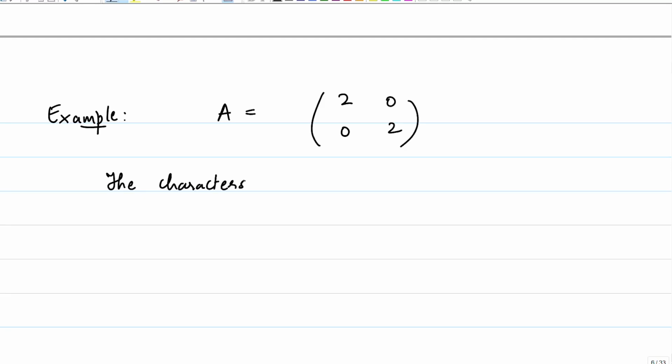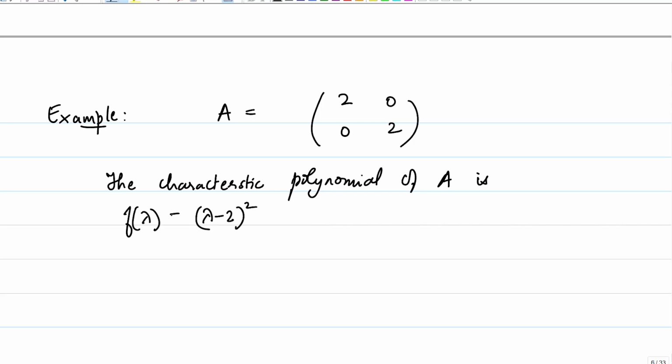Without too much effort, we can say that the characteristic polynomial of A is (lambda minus 2) the whole square. As you can see, the eigenvalue of A is just 2. It is a 2 cross 2 matrix, a linear operator on a vector space of dimension 2, and we only have one eigenvalue.